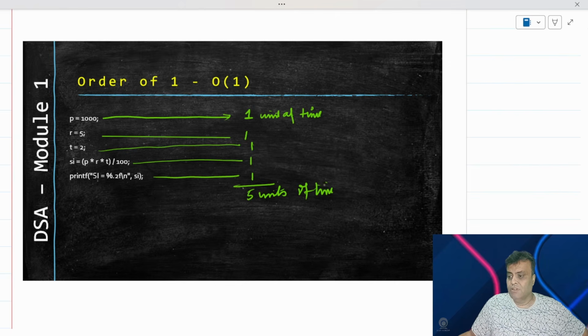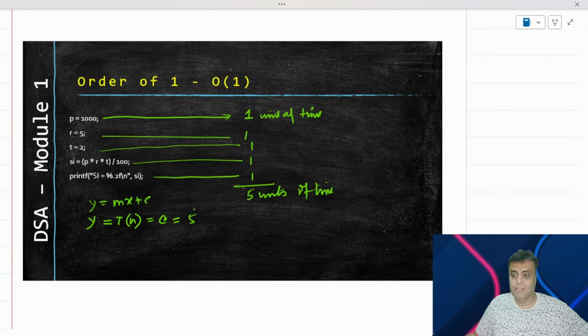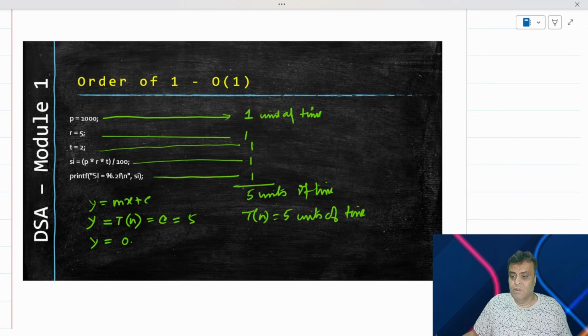Can I write this 5 units of time in the format of y equal to mx plus c? I can write it. I can say the time taken, which is y, which is T(n), is equal to c, and in this case c is equal to 5. So can I say T(n) is equal to 5? I can say that. And this 5 represents 5 units of time. Can I therefore say y is equal to 0x plus 5?